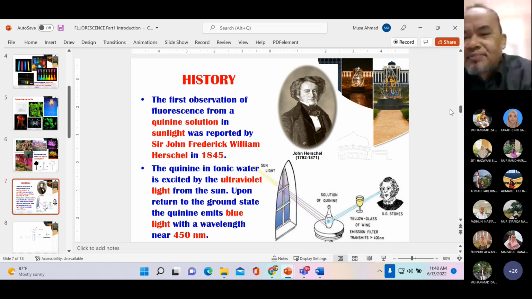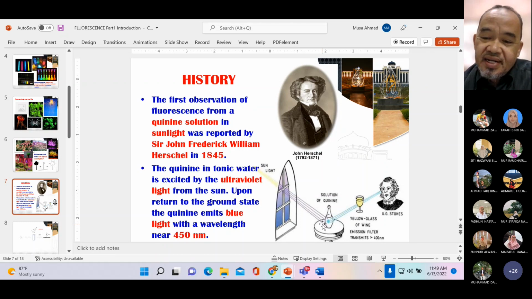He just wondered, and with a little bit of research, they knew how this happened. The quinine absorbs the UV light from the sun, and then the molecule becomes excited and releases, emitting a secondary light, which is called fluorescence, which is blue in color.